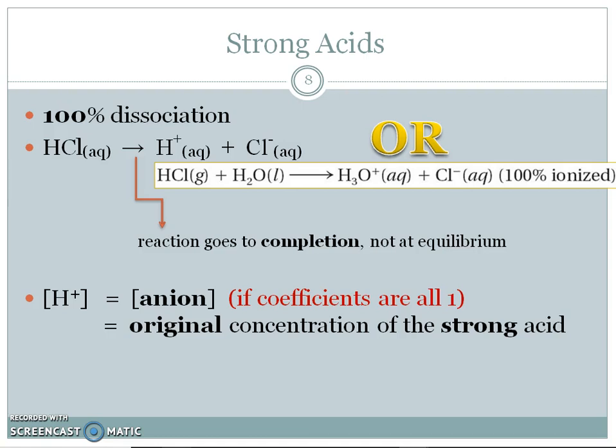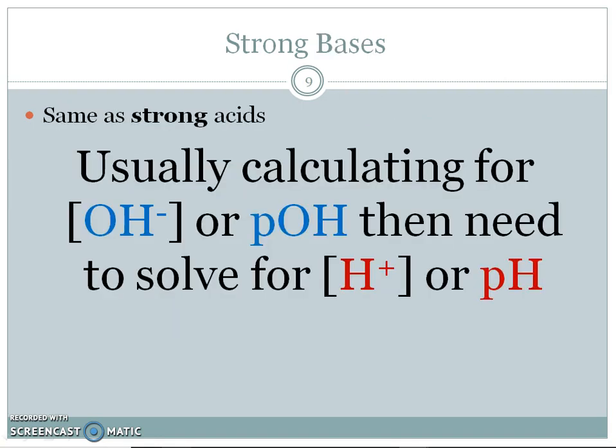But if it's not 1, like we saw in the last section, you're going to have to multiply it by that coefficient. Strong bases are the same as strong acids, and you're usually calculating OH minus or the pOH and then converting it to the pH or the H plus concentration. Again, you just saw this in the last section.